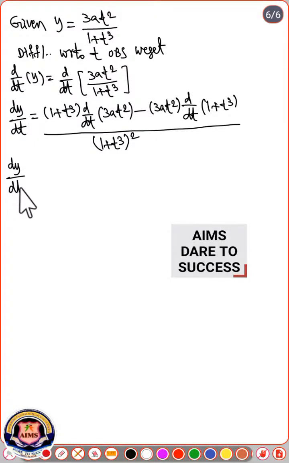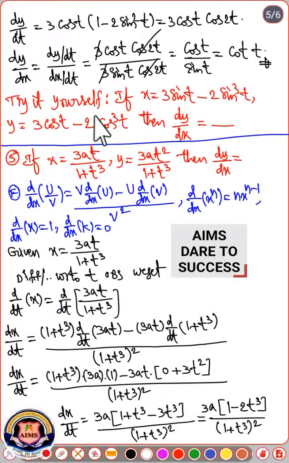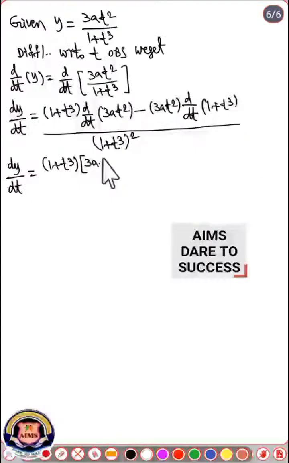So dy by dt is equal to 1 plus t cube into, here 3a is the constant and the coefficient of t square, so 3a right outside, into derivative of t square. Derivative of t square looks like derivative of x power n. Writing 2 in place of n, 2 into t power 2 minus 1 is 1. So power 1, whether you write it or not, it is the same.